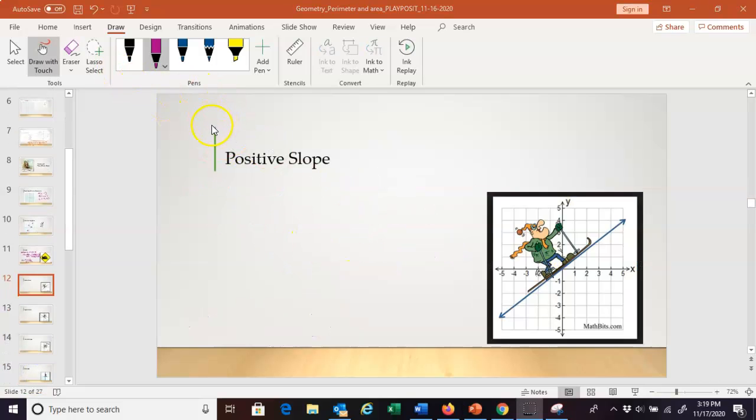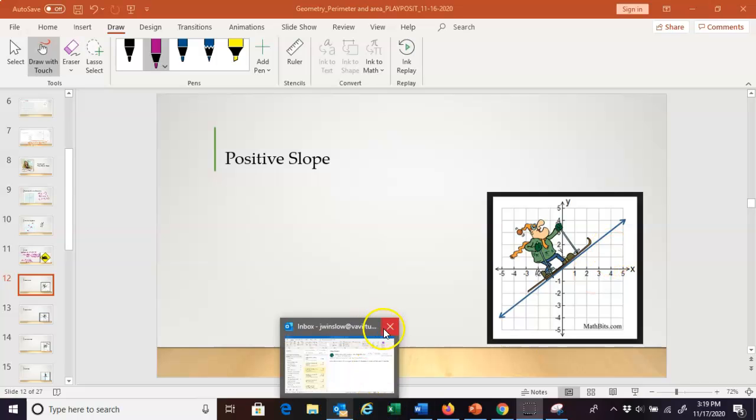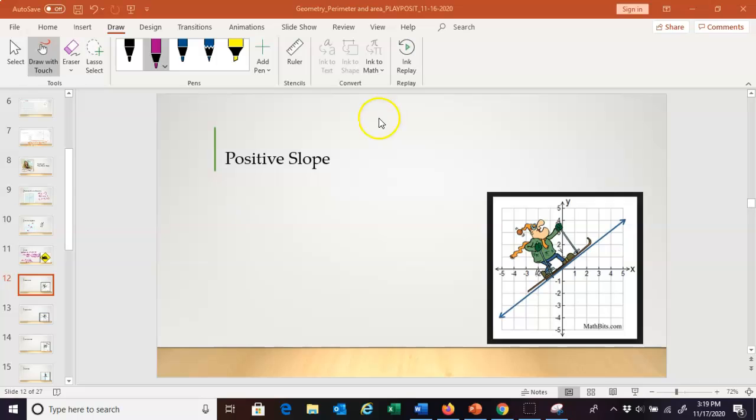So the first one we're going to talk about is a positive slope. You can see this gentleman here, he is going up from left to right, and that graph is increasing from left to right. So we say a line that has a positive slope increases from left to right, like you would read a book.